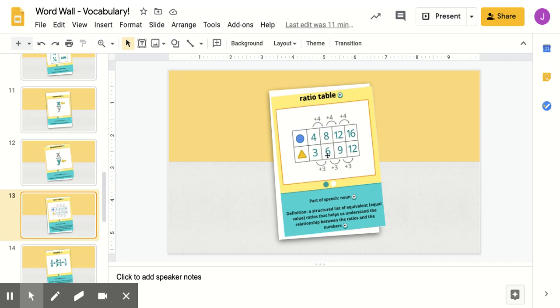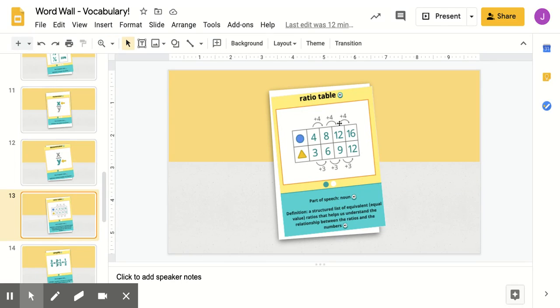However, the relationship stays the same. We add 4 to the top and add 3 to the bottom, and we have 8 to 6. Move over one column, we add 4 more to the top, we add 3 more to the bottom, and we have 12 blue circles to 9 yellow triangles.